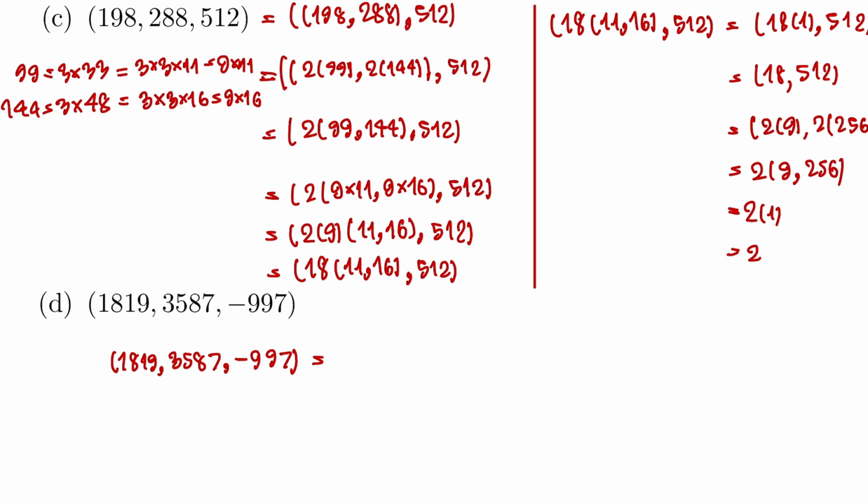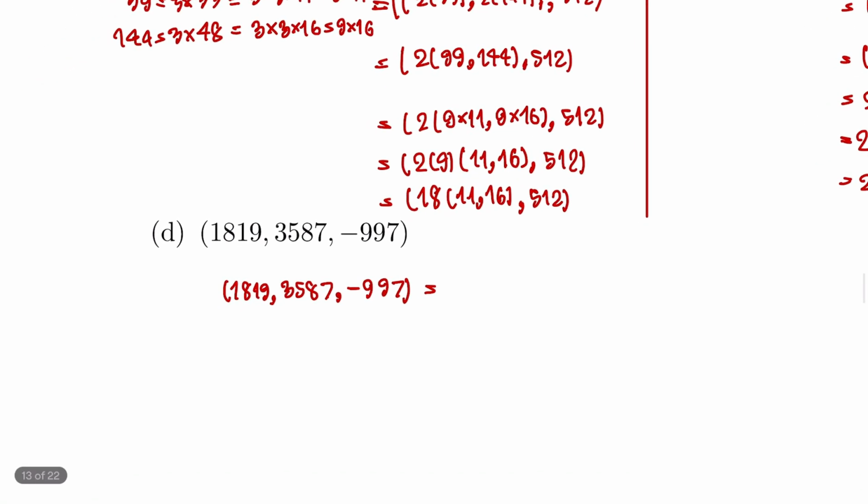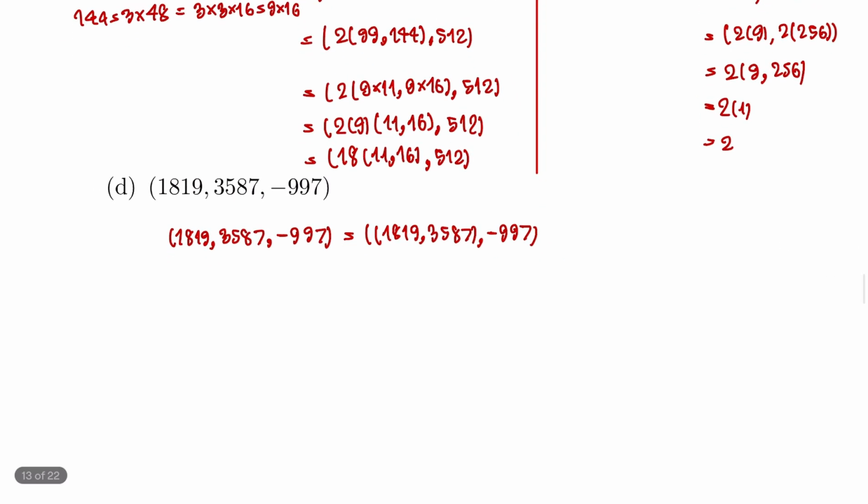I think we need to start with these 2 numbers. So we're gonna have the greatest common divisor of 1819, 3587 and minus 997.